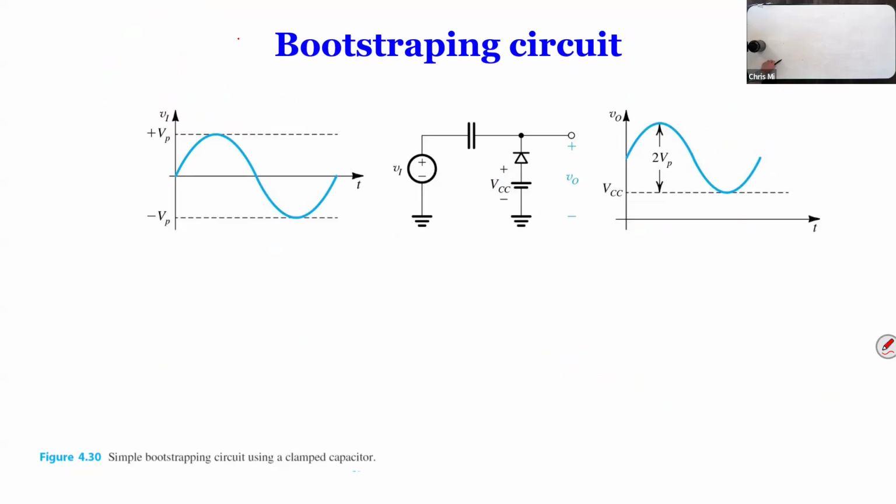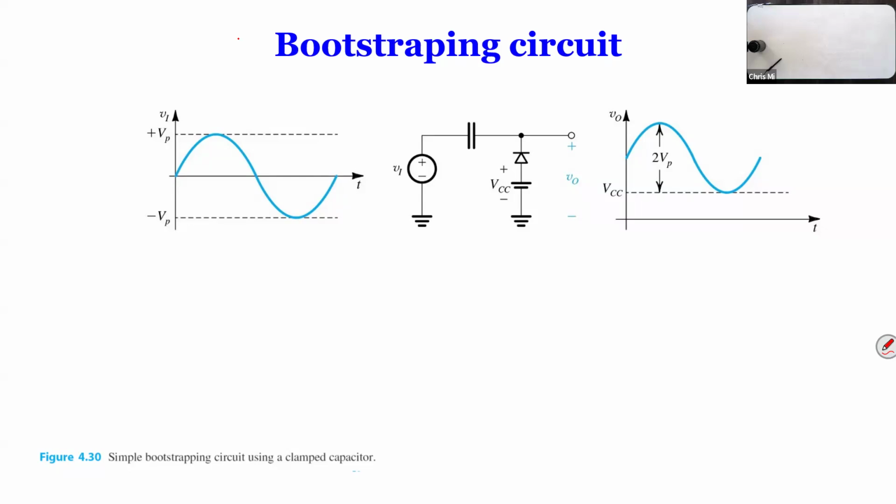Anyway, this is another circuit which is very similar to the previous one. But what we're doing is boosting the AC up a little bit. See this voltage coming in. It's a perfect sinusoidal AC, positive and negative over time. And then we want an output that is shifted up, not only positive, but actually more than positive, so the bottom of the AC sine waveform does not touch 0.